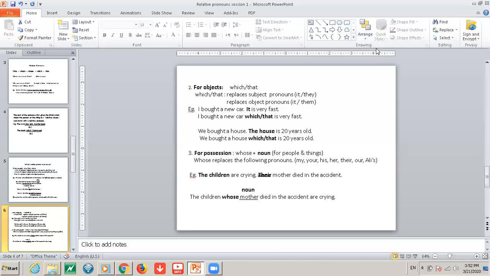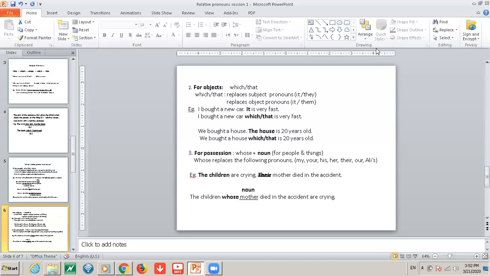Now, for possession, we use whose to show possession, followed by a noun for people and things. Whose replaces the following possessive adjectives, and you have to know them: my, your, his, her, their, our, and Ali's with apostrophe and S. Let's now see an example which shows possession: the children are crying.